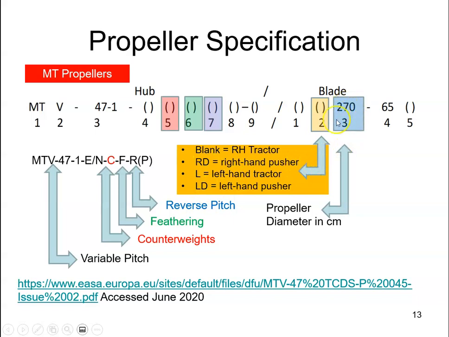Just out of interest then, another number here, this is the diameter of the propeller, and it's in centimeters. Okay, so I hope that shows how the propeller description relates to the propeller construction.